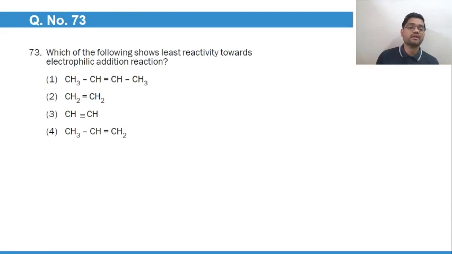73. Which of the following shows least reactivity towards electrophilic addition reaction? Alkene, alkene, alkyne, alkene. I'll go with alkyne. Why?